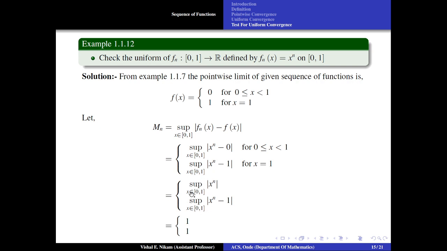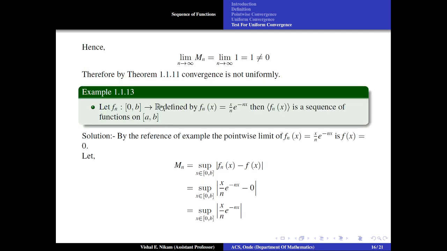The supremum arises at x equal to 1 in one case, and at x equal to 0 in the other. So in both cases the supremum value is 1. So the sequence Mn is nothing but the constant sequence 1, which converges to 1, which is not equal to 0. Hence the convergence is not uniform, by using Theorem 1.1.11.